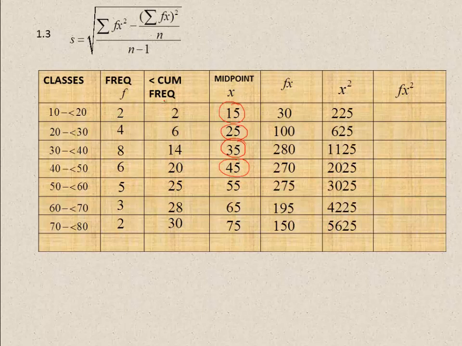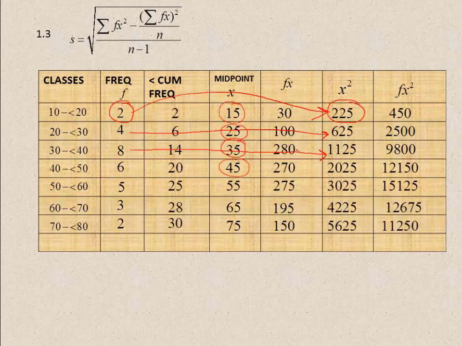This is the frequency, not this frequency, guys, the frequency multiplied by what? Multiplied by x squared. The frequency multiplied by x squared. 2 times 225 is 450. Next one is 4 times 625. Next one, guys, 8 times 125, and on and on.